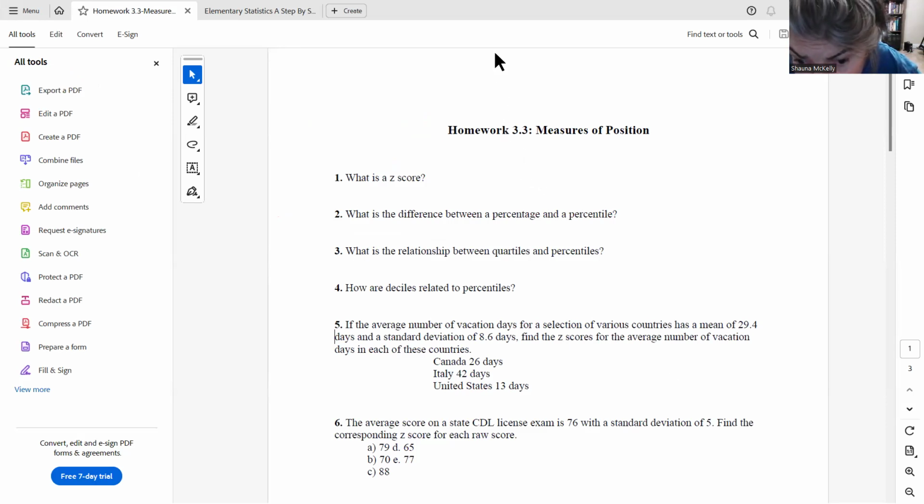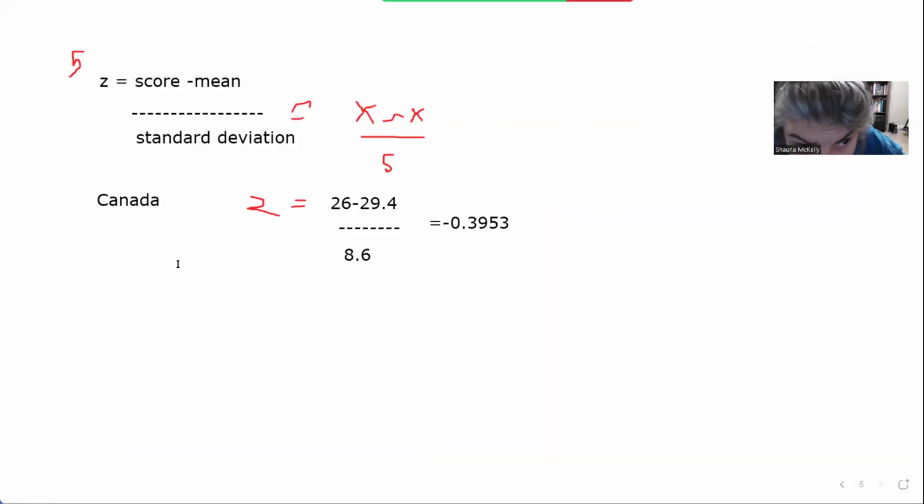We're going to do a new share. We're going to do the same thing for Italy. So when we set up Italy, it's going to look like this. Okay. So we have Italy right here. And we're going to have Z is equal to, the formula is the same, the numbers are different.